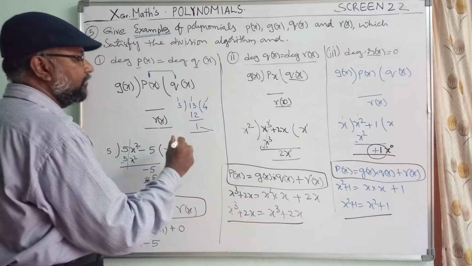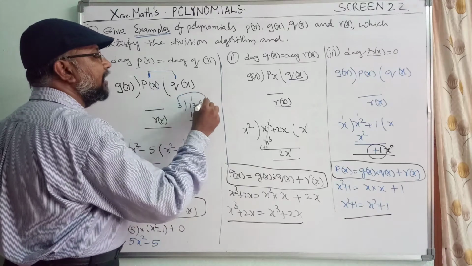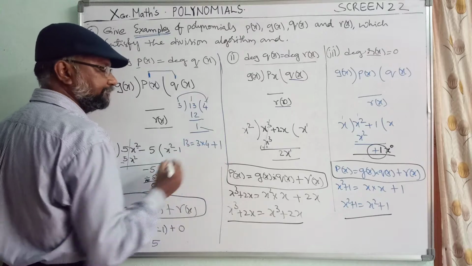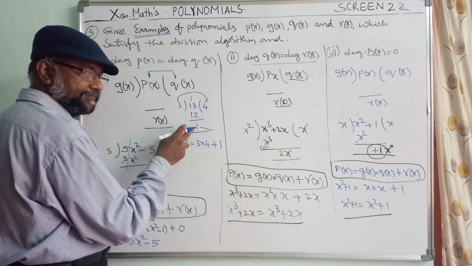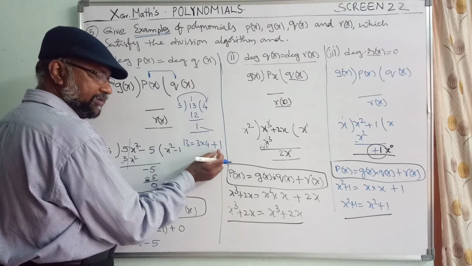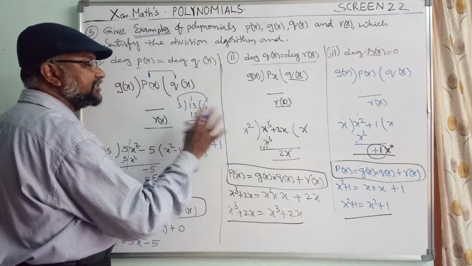Now you can write down 13 is equal to 3 times 4 plus 1 as remainder. So 3 4s are 12 plus 1 is 13. So this division is satisfied.